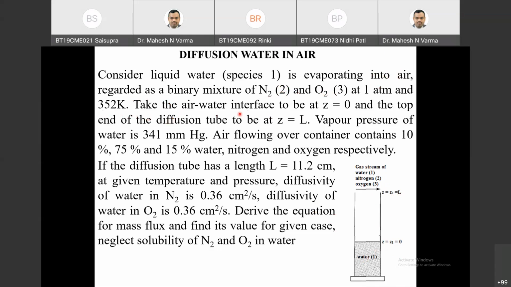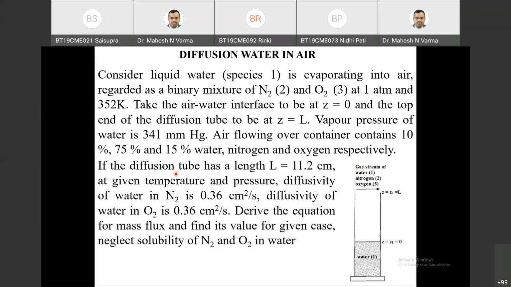Take the air-water interface at Z equals 0 and the top end of the diffusion tube at Z equals L. The vapor pressure of water is 341 mmHg at this temperature, 352 Kelvin. Air is flowing over a container which contains 10%, 75% and 15% water, nitrogen and oxygen respectively.